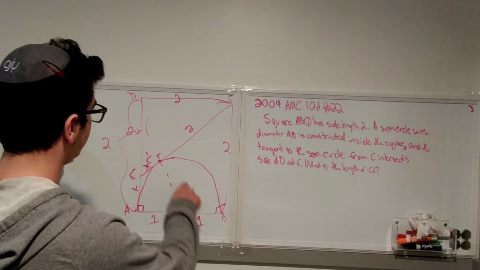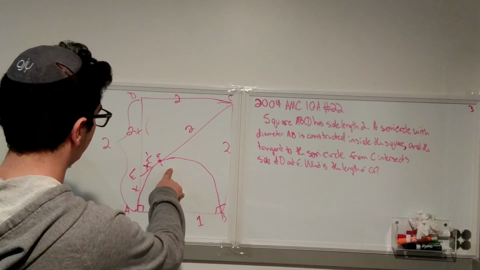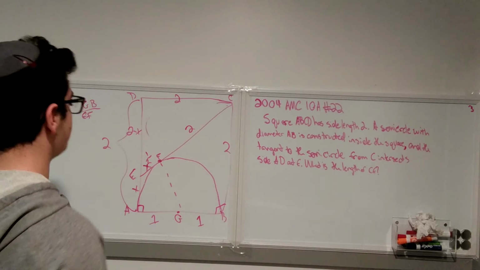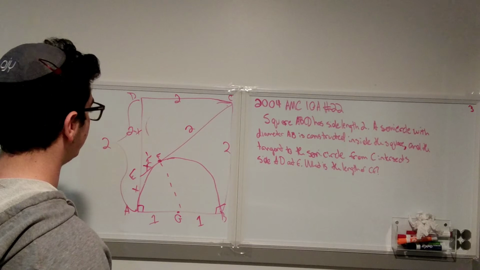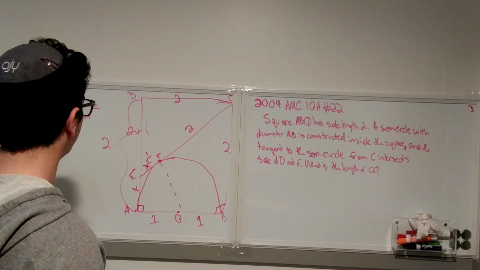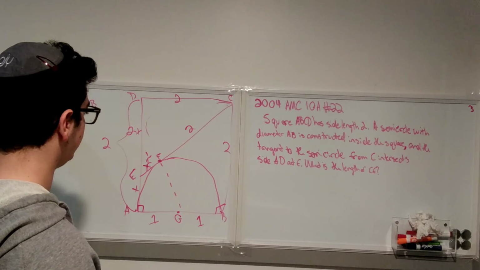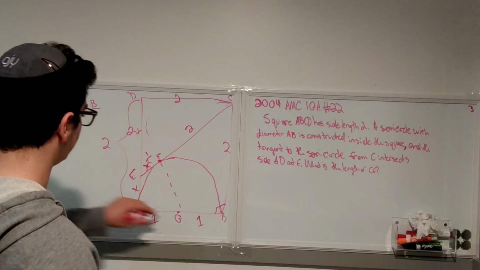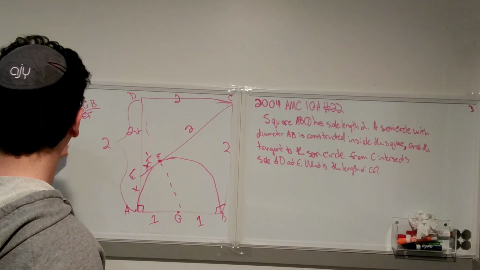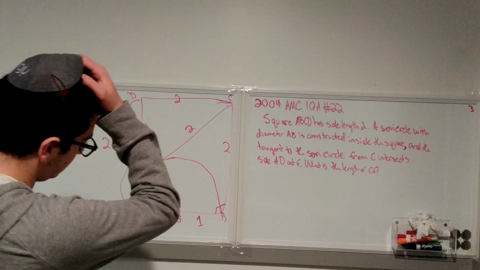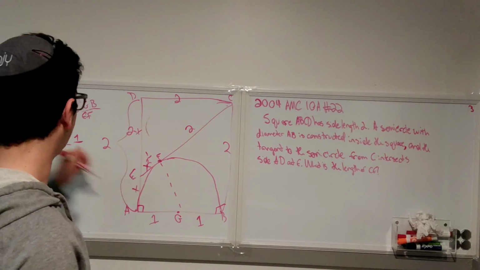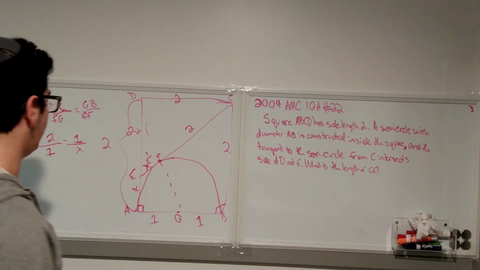So FG, when it's turned, is EF. Okay, so now we can fill in these numbers. BC is 2 over FG, which, since this radius is 1, is equal to GB, which is 1 over EF, and EF we called X.